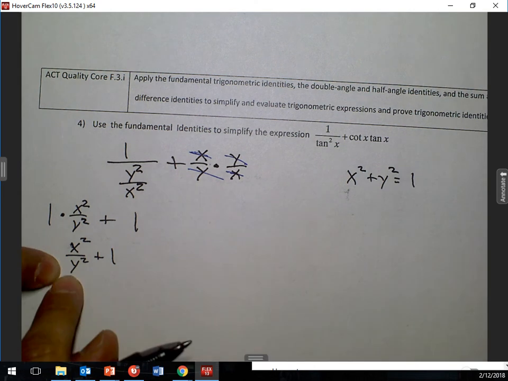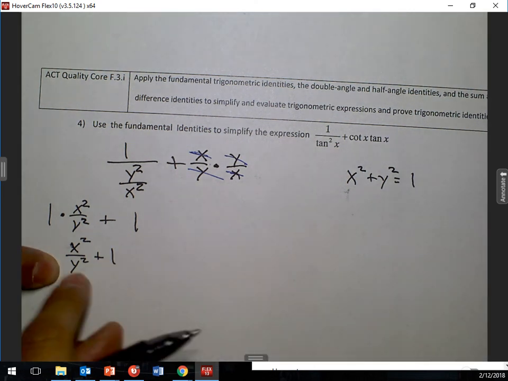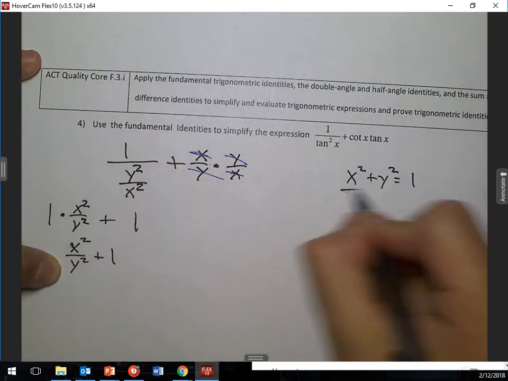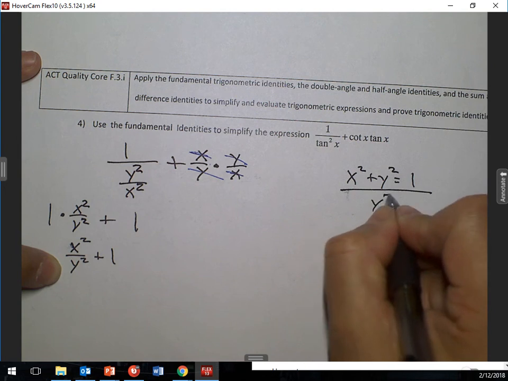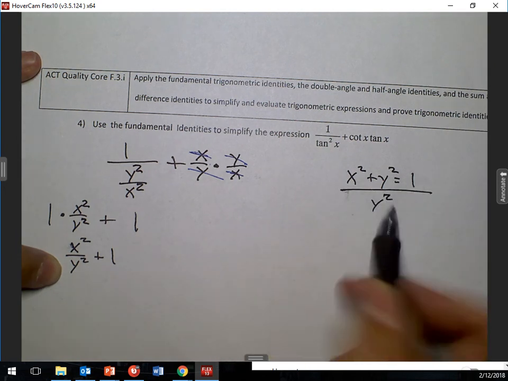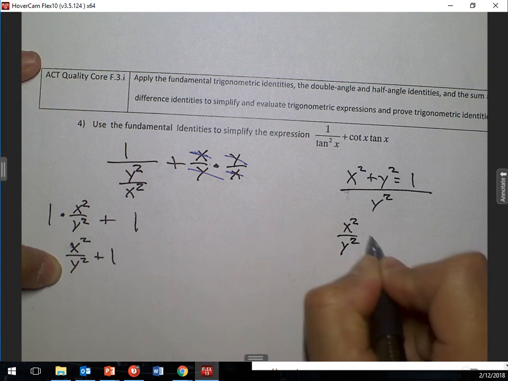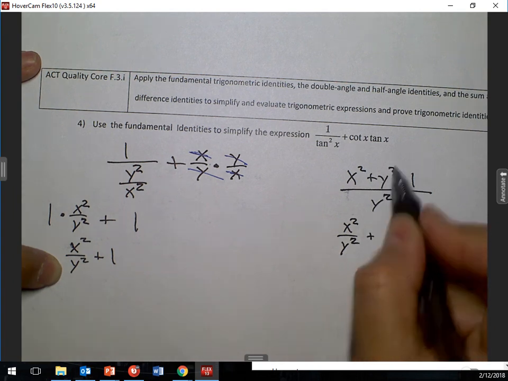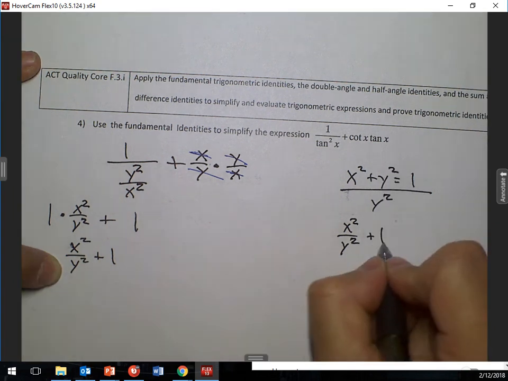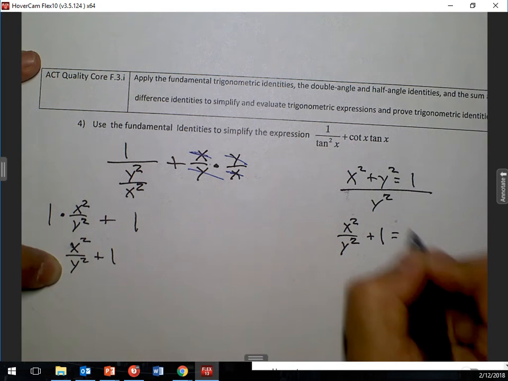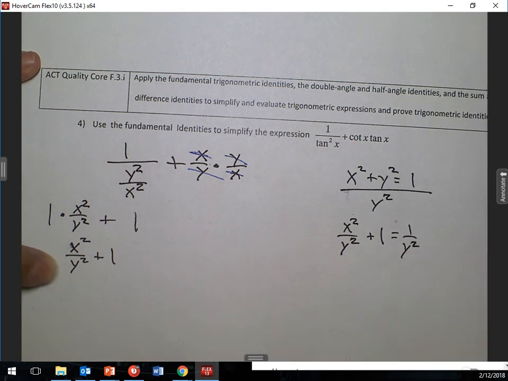Y squared's on the bottom, right? Because I'm trying to make it into this. So x squared over y squared is right here. Plus, what is y squared over y squared? 1. Equals, what's 1 over y squared? Just like that, right?